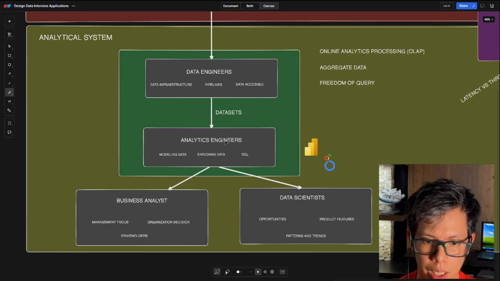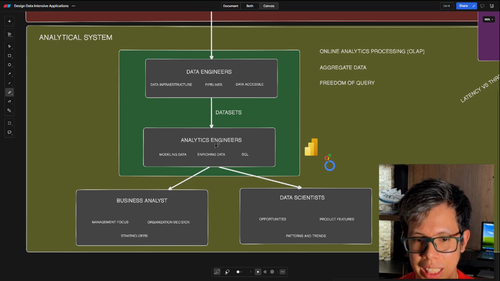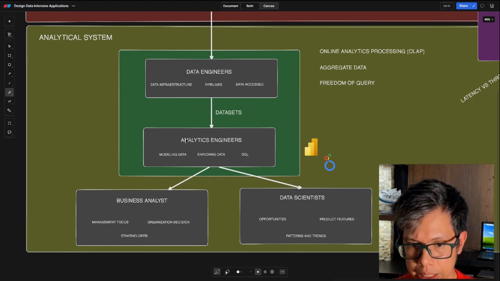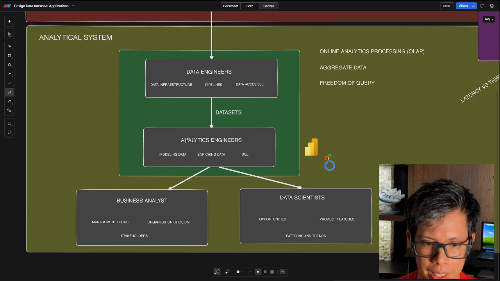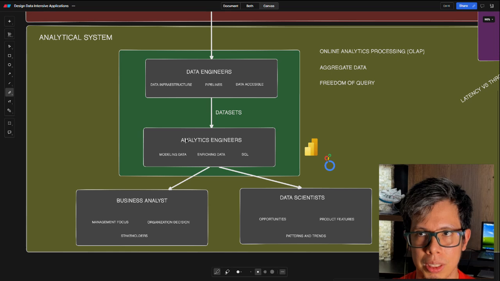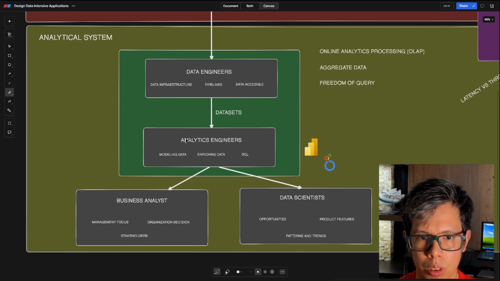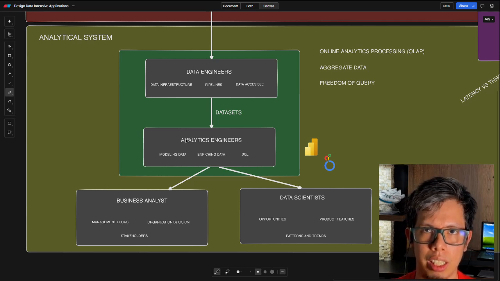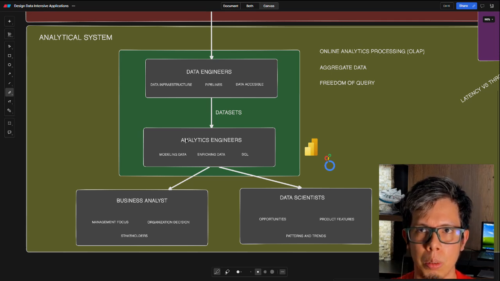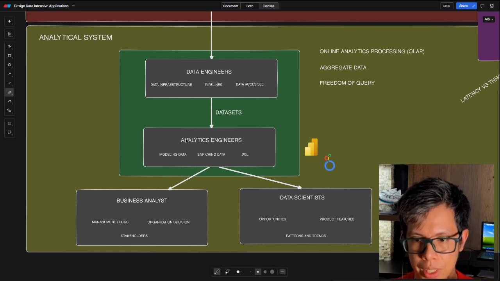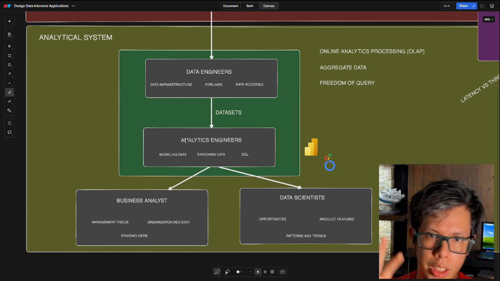But in my personal experience, I didn't work with an analytics engineer. I know the concept, but this is the person who models the data. The data engineer works with the infrastructure and the pipelines, transforming the data to not just have the final state. You want to prepare the data to be aggregated, for example prepared for each day, right?